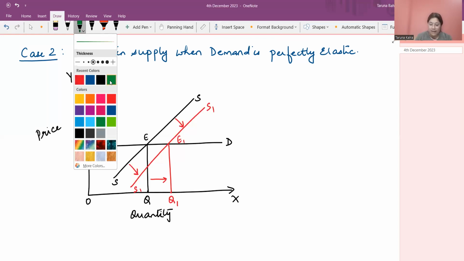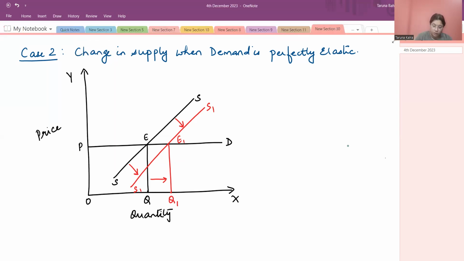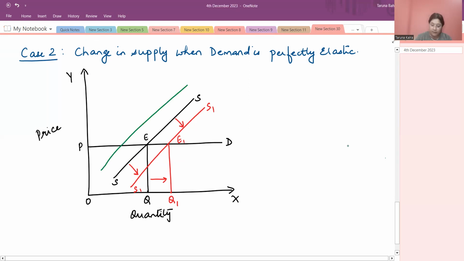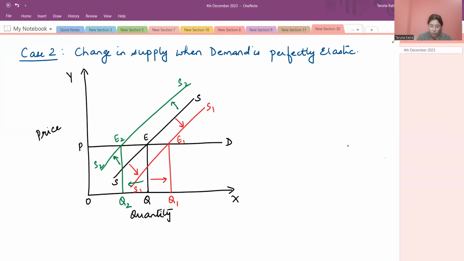And in case the supply is going to decrease, the supply curve is going to shift leftward to S2, S2. This is a decrease in supply and your new equilibrium will be at point E2, where again the equilibrium price is going to remain the same, but your equilibrium quantity is going to decrease from OQ to OQ2.